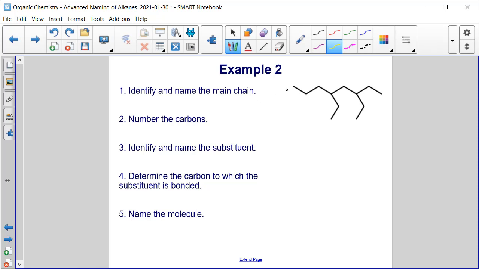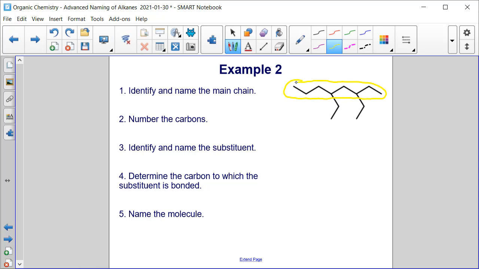So if I start here, I get 1, 2, 3, 4, 5, 6. Or I can go 1, 2, 3, 4, 5, 6. Now 7, 8 this direction, or 7, 8 this direction. Okay, so 8 carbons is our longest chain.